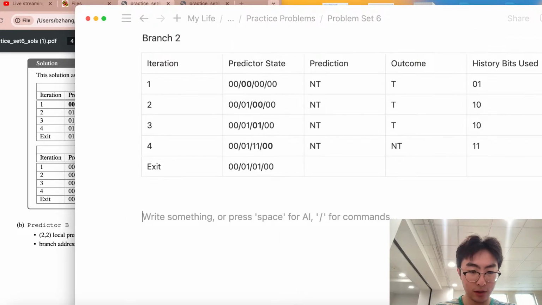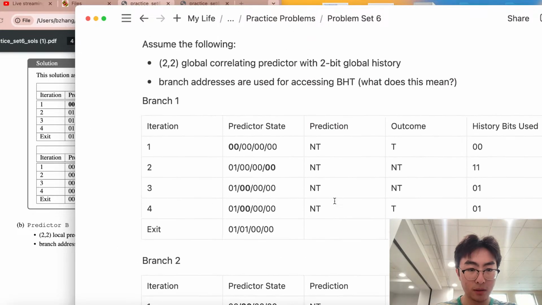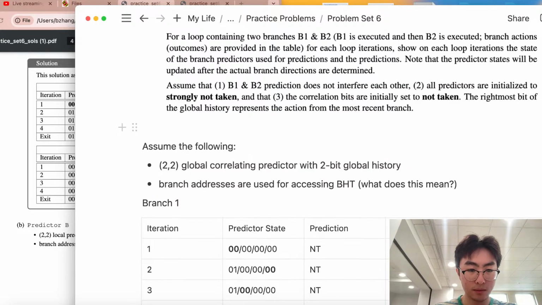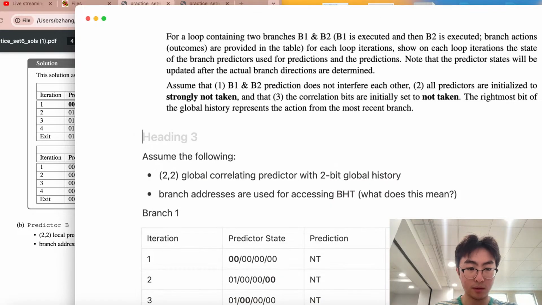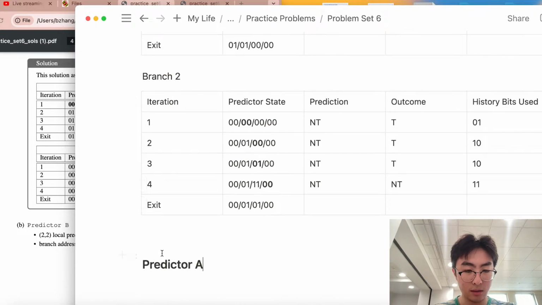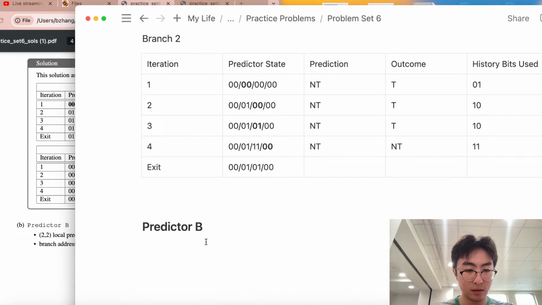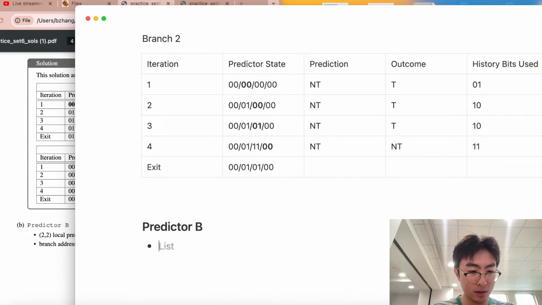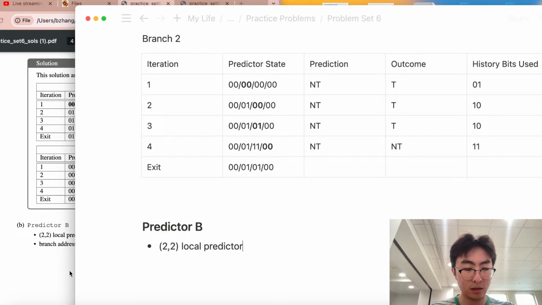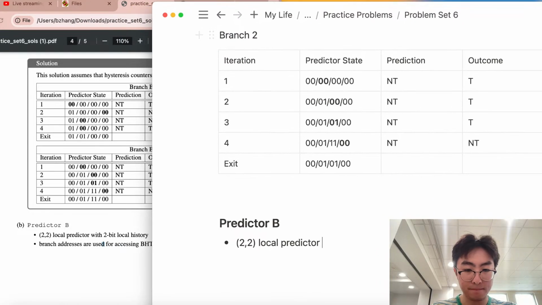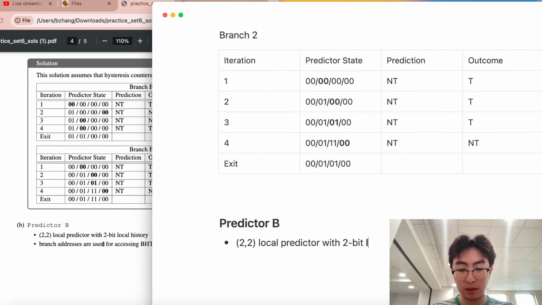Okay, but let's try this. So predictor A and then predictor B. So predictor B, it's also a 2 local predictor with 2-bit local history, so that's the keyword here.